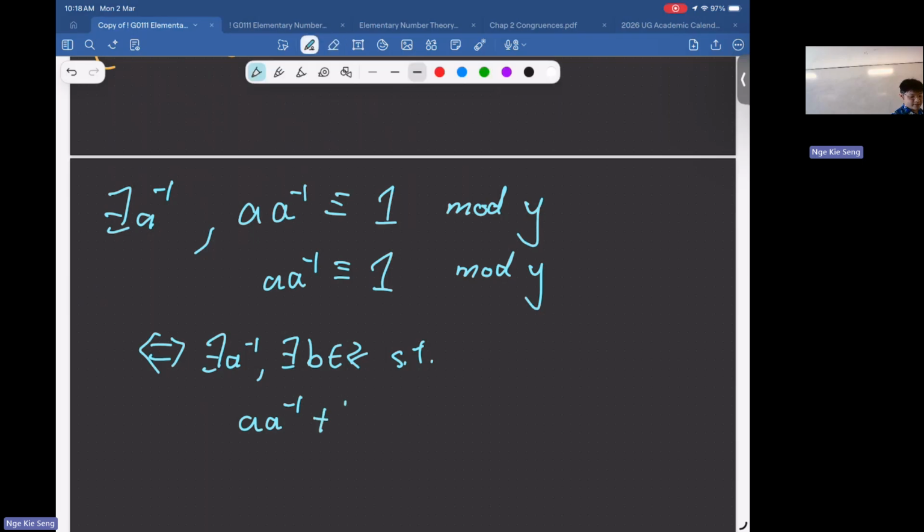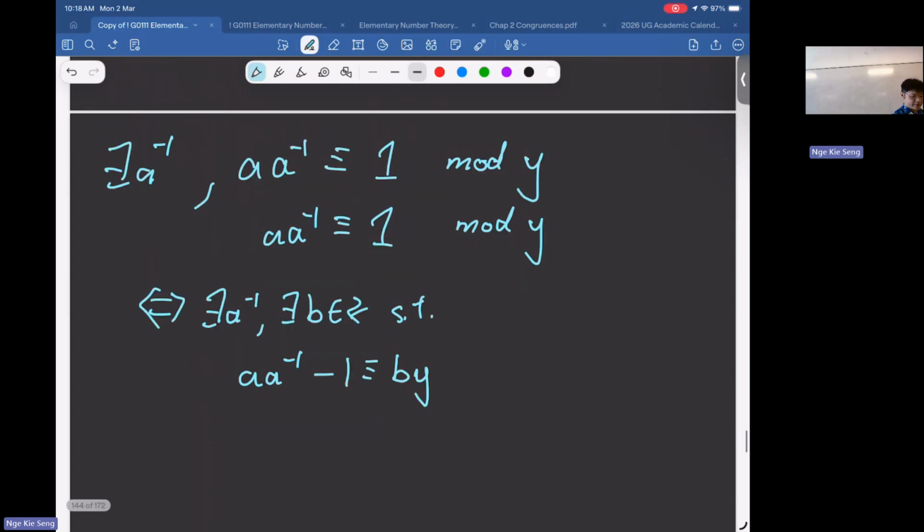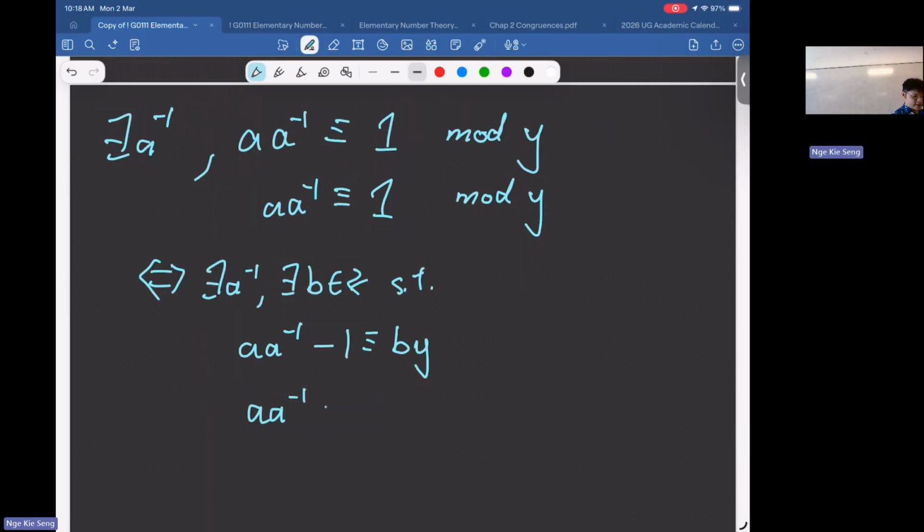Plus is fine as well, because I can push the minus sign to Z. Okay, to be safe, I don't want to confuse you. So their difference has to be B times 1, right? So if you arrange this, this is the linear Diophantine equation, right?